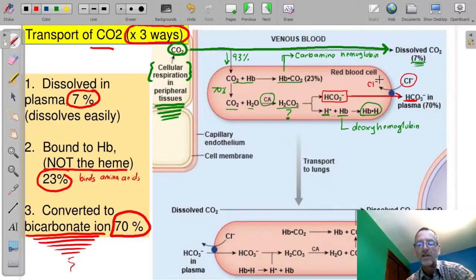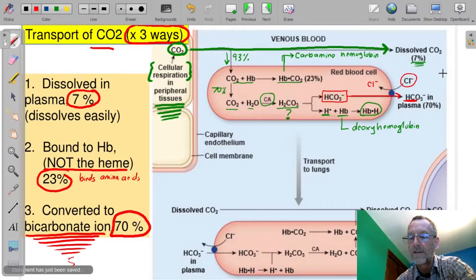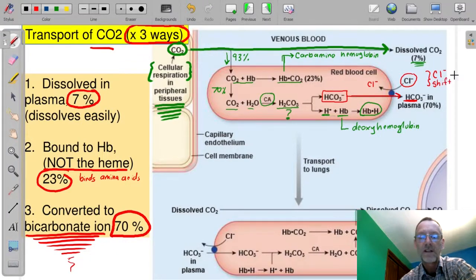And this is referred to as the chloride shift. So we're at the tissues. Bicarbonate ion is produced, it leaves the red blood cell, and is replaced by an incoming chloride ion. Keeps the charge inside the red blood cell more or less constant.